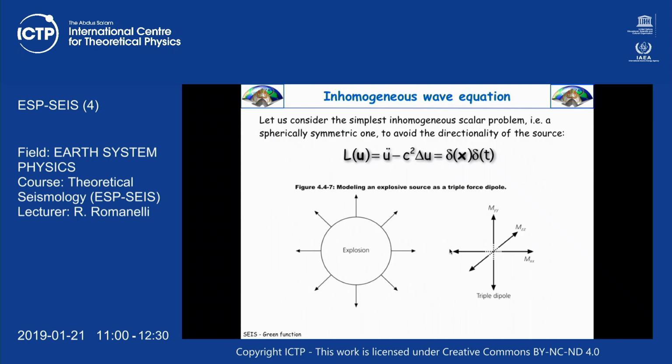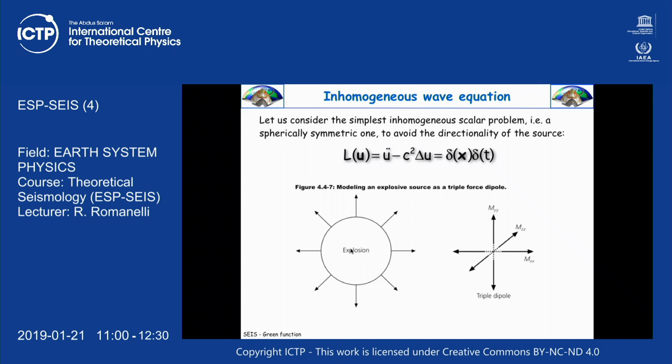So, let's try to solve the inhomogeneous wave equation in the simplest case. The differential operator of a wave equation is something like that, where c is velocity and this is the Laplacian, which in 3 dimensions we know. Velocity is the same, it's homogeneous, it's isotropic, everything is beautiful, but with a delta in x and t, at the center of the coordinates.